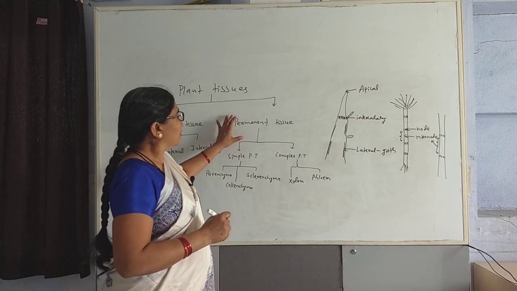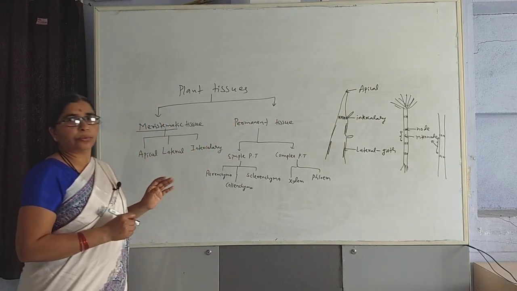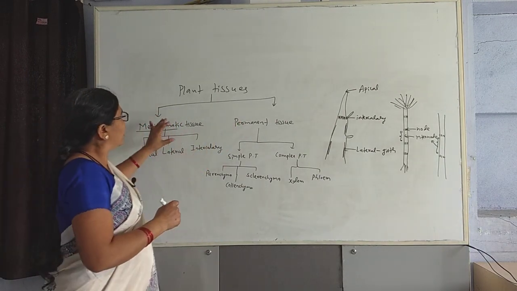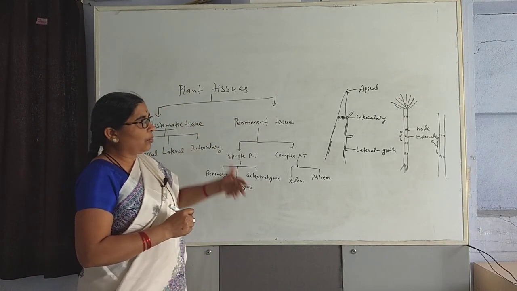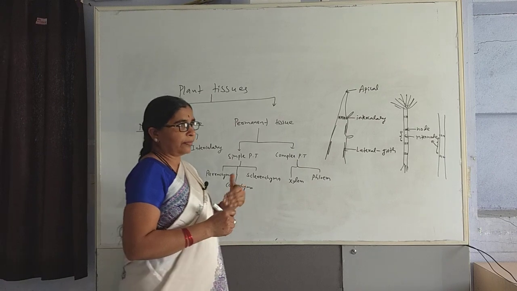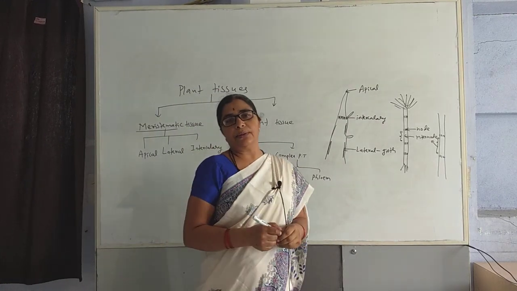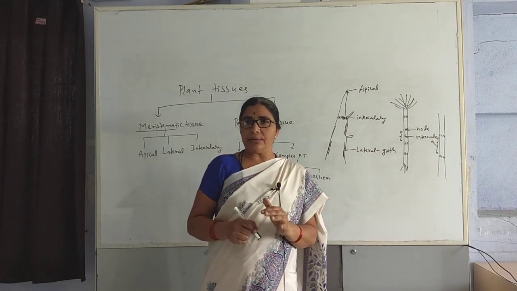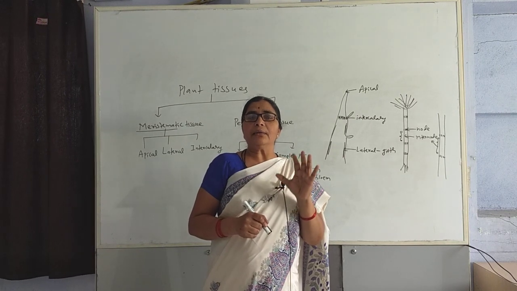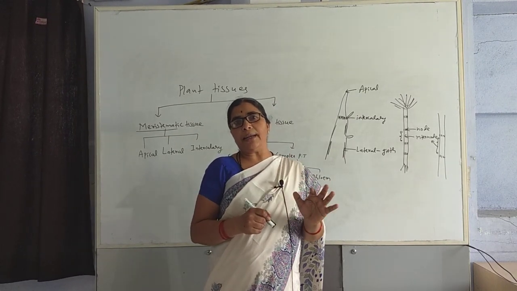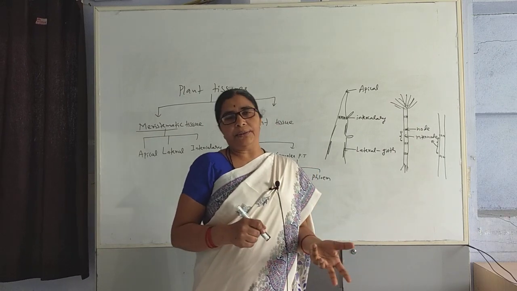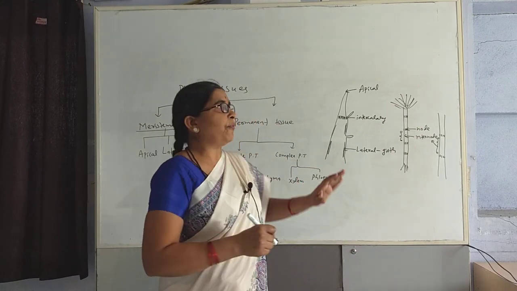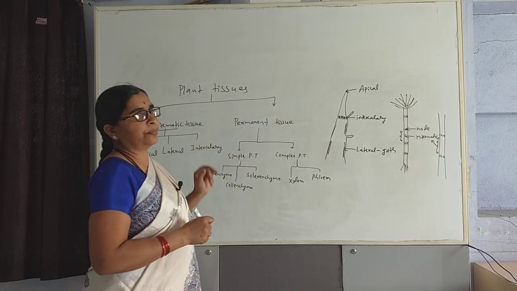Permanent tissue. The meristematic tissue cells grow and form permanent tissues. They get a particular structure and particular function and become permanent. So, they form a permanent tissue.